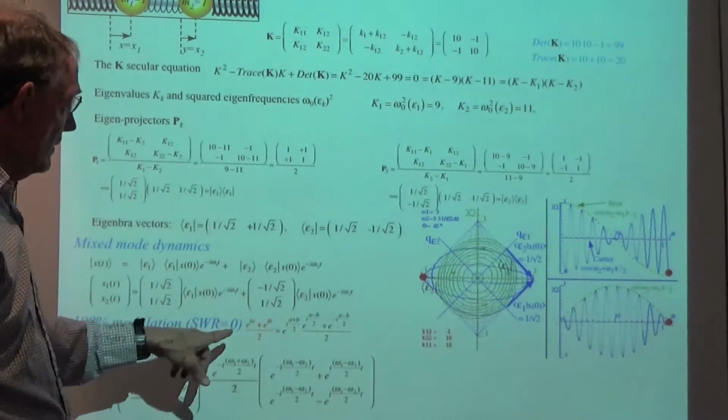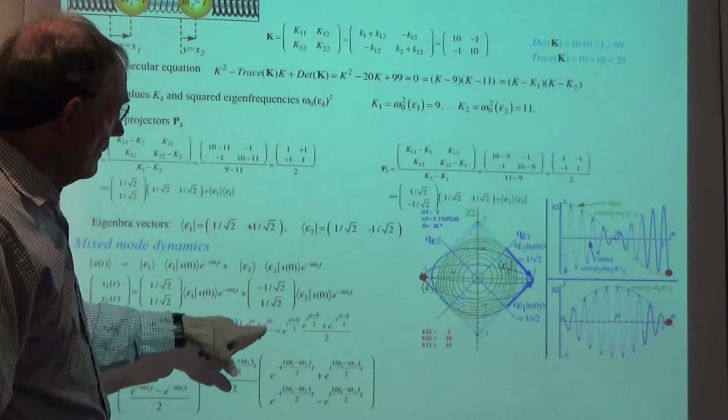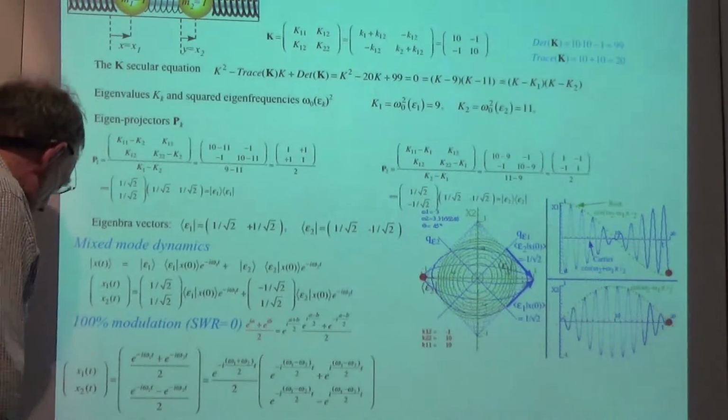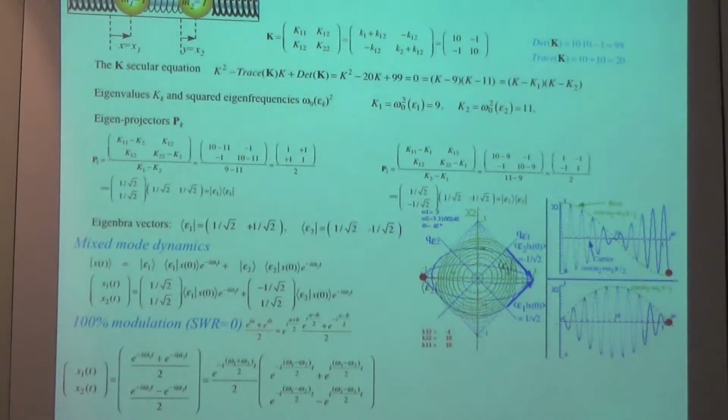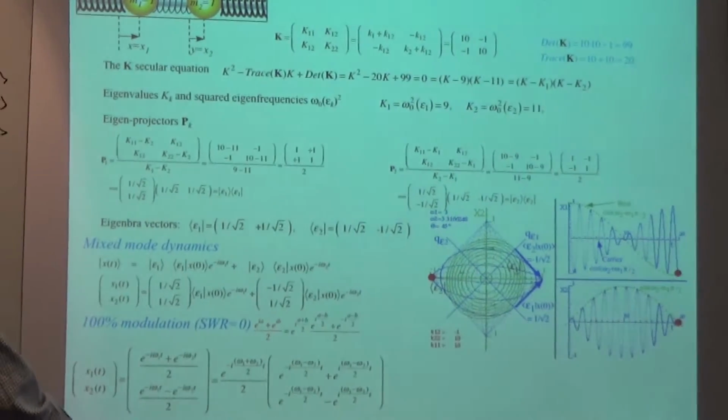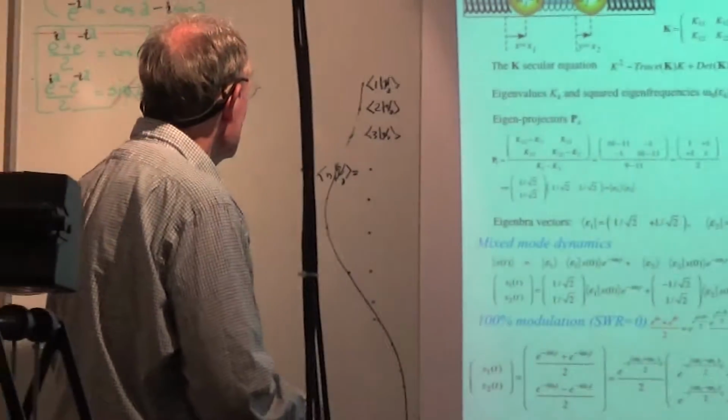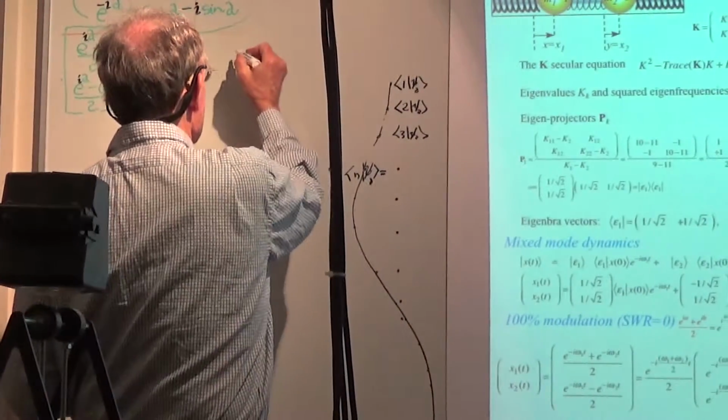Now whenever you add two exponentials, this is the beat formula. I'll go ahead and put it up here on the board just to make it clear. We're going to use this.